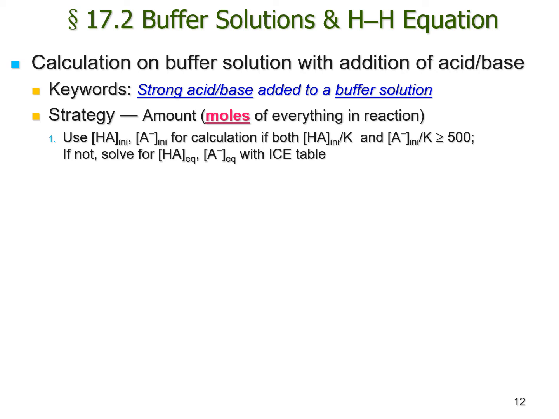We check whether the 500 rule applies. If yes, we use the HH equation. If not, less than 500, we have to solve it using an ICE table. But since it's a buffer solution, the 500 rule usually applies, so the HH equation should be fine. With the HH equation, we can use the initial concentrations instead of equilibrium ones to do the calculation.